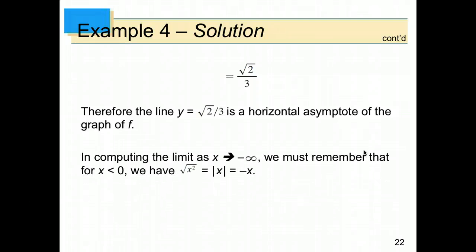Now, in computing the limit as x goes to negative infinity, we just have to remember that for x less than 0, when we have radical x squared, that's absolute value of x, which is the opposite of x, because once again, we're going x less than 0.